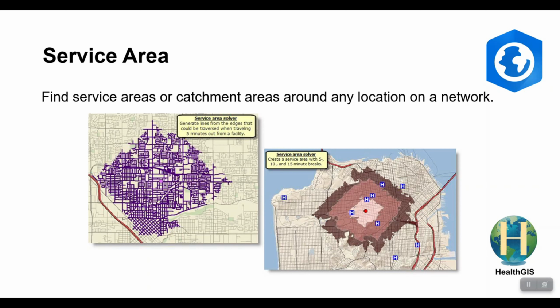We can say 5 miles. If I drive from here, all possible locations that I can reach in 5 miles. So service area looks like buffer, but more sophisticated version of the buffer, right? Because in buffer, we use Euclidean distance or straight line, but service area is based on existing road networks or travel time, okay, along the road network.